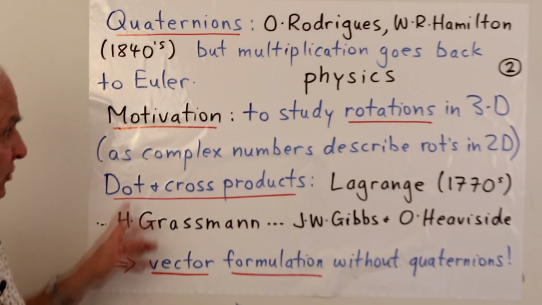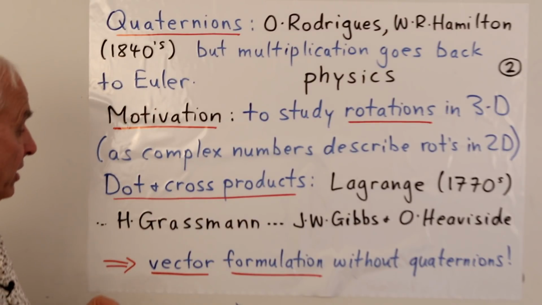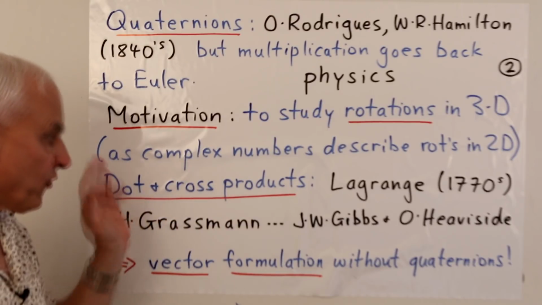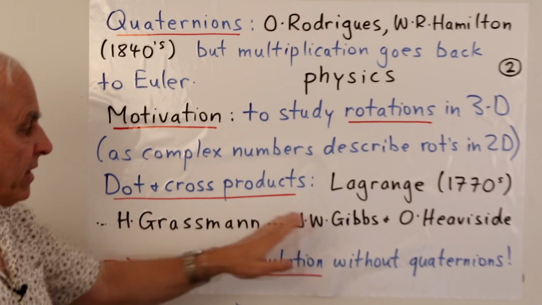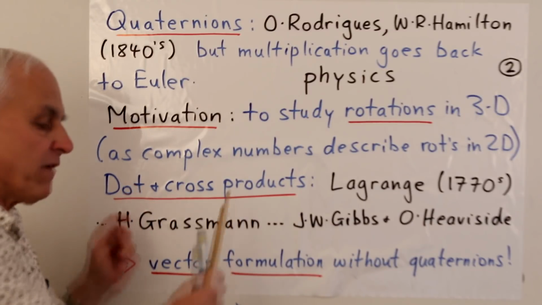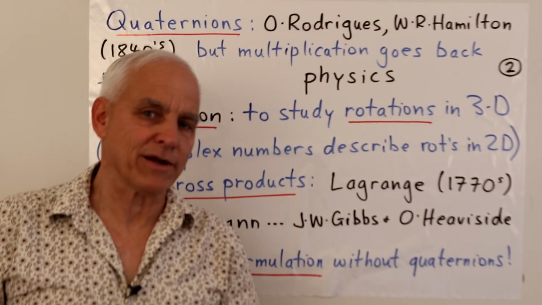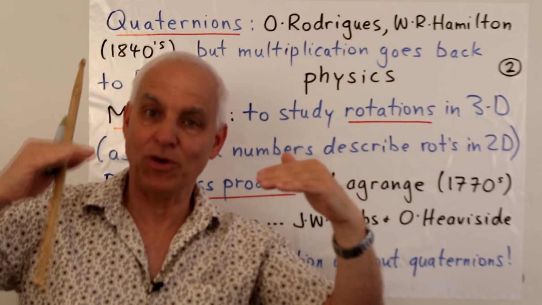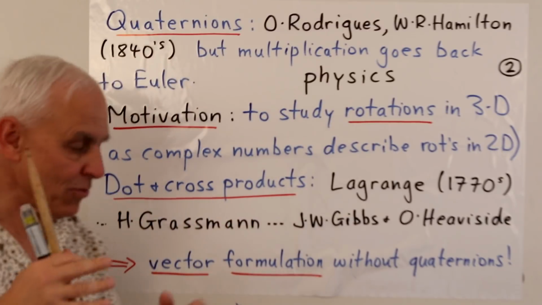And then after Hamilton and Rodriguez, Grassmann was working in this general area, very original work, and then Gibbs and Heaviside came along and elevated the dot and the cross products to maybe an equal or even superior level to the quaternions.